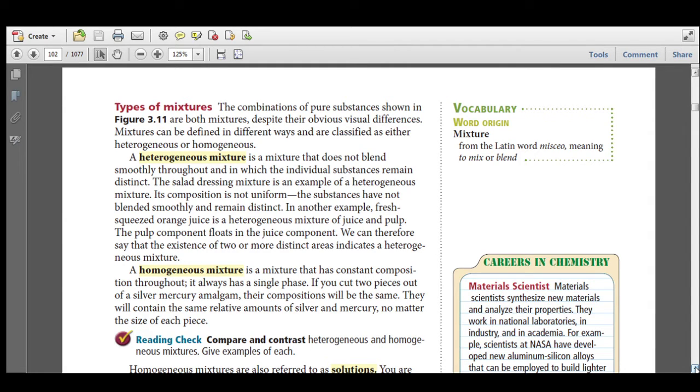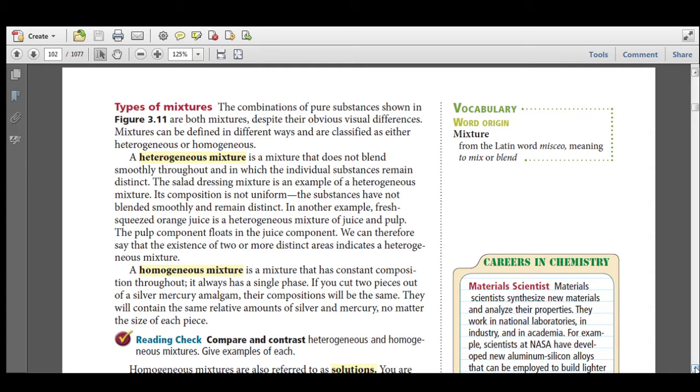Mixtures can be defined in different ways and are classified as either heterogeneous or homogeneous. A heterogeneous mixture is a mixture that does not blend smoothly throughout and in which the individual substances remain distinct. The salad dressing mixture is an example of a heterogeneous mixture. Its composition is not uniform.